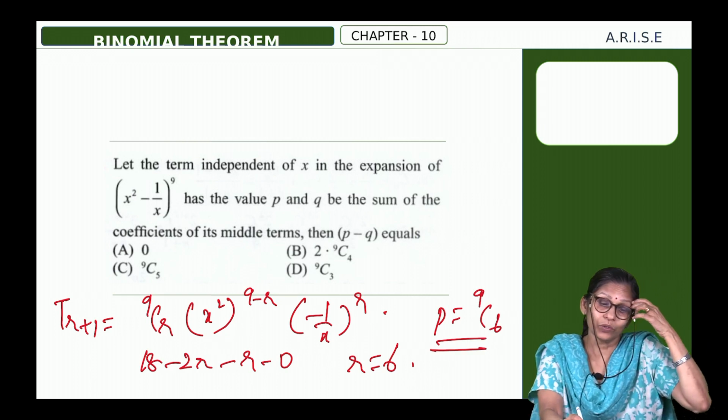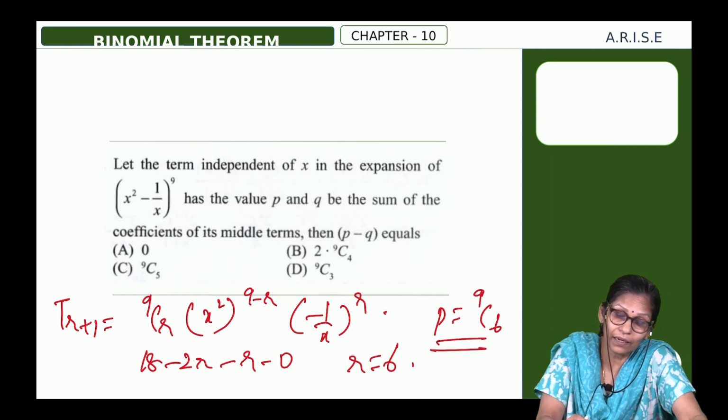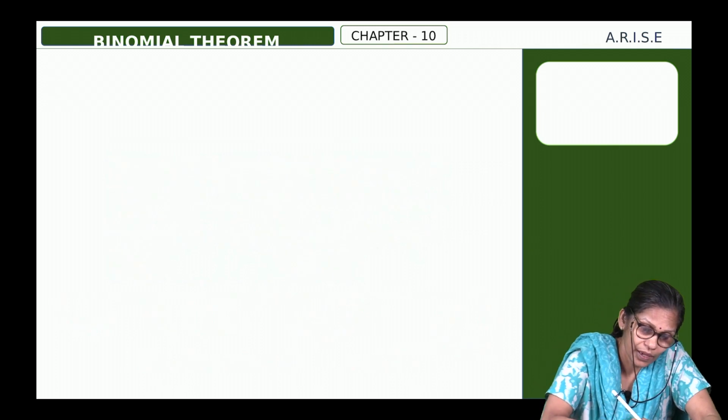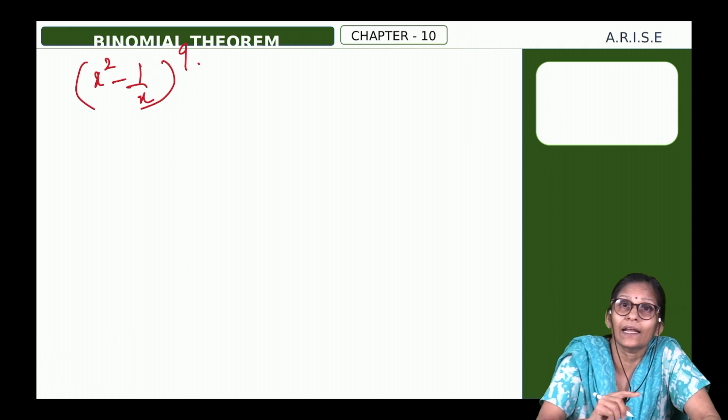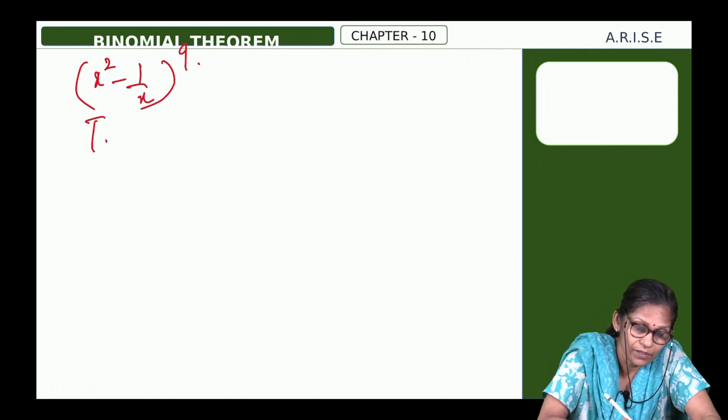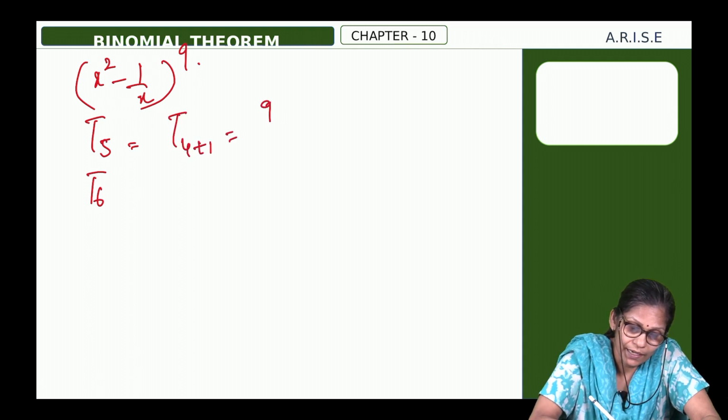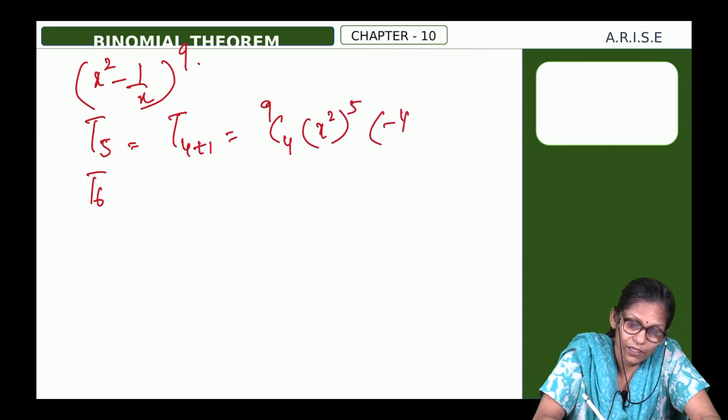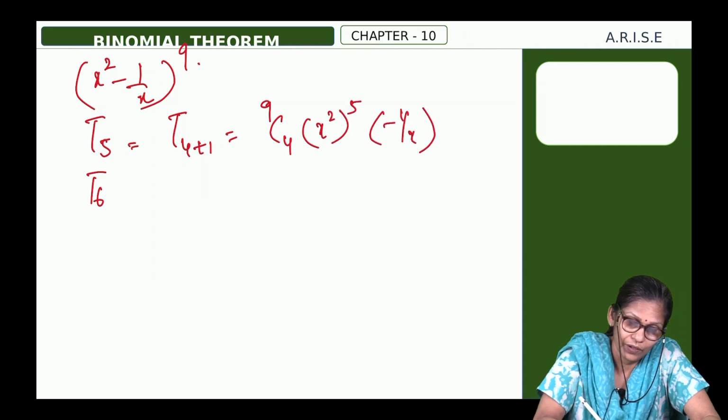Now, what is q? The sum of the coefficients of the middle terms. So, (x squared minus 1 by x) the whole raised to 9. There are 10 terms. The middle terms will be the 5th and the 6th terms. What is the 5th term? You can write it as 4 plus 1. It is 9C4 (x squared) raised to 5, minus x raised to 4.